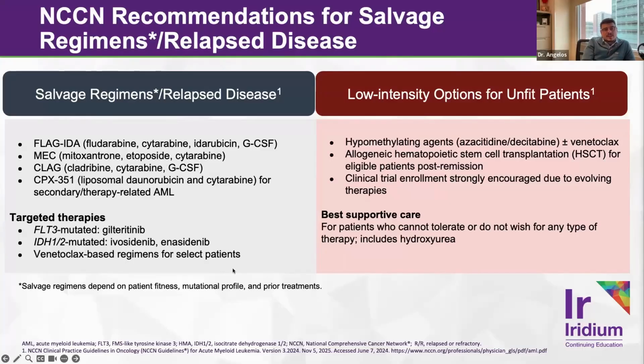What I also want to highlight here is a growing evidence in our field for relatively high degrees of efficacy with cladribine-based regimens. There are a couple of different regimens out there, one of which is called CLIA, which is cladribine, idarubicin, and cytarabine.